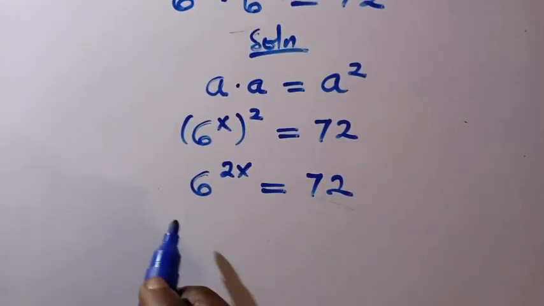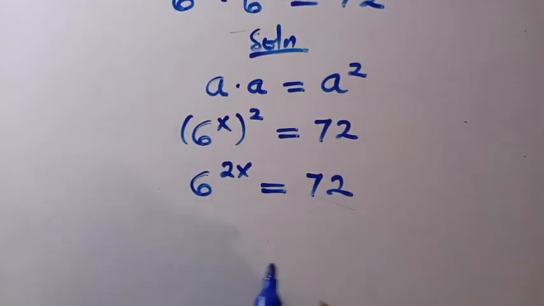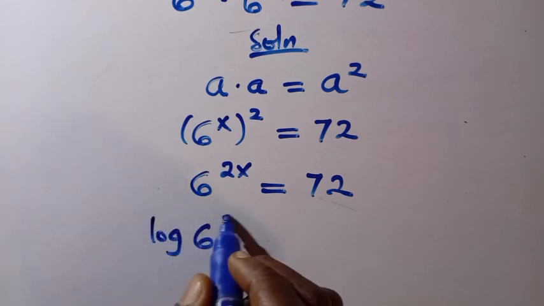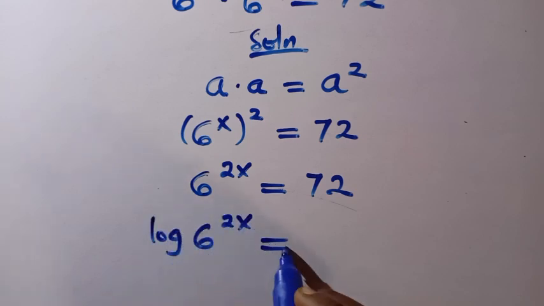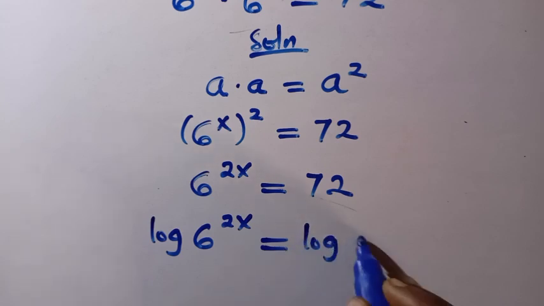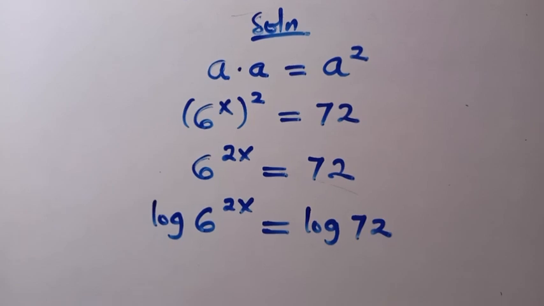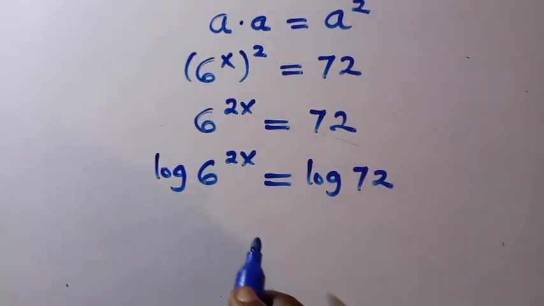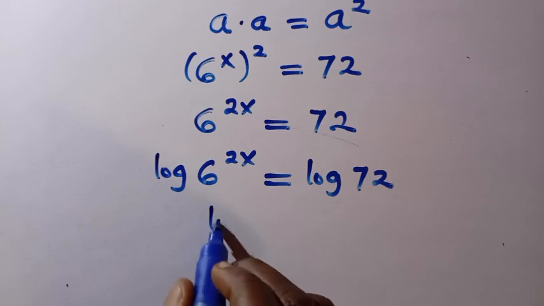And by introducing log on both sides, we have log 6 power 2x equals log 72. So we have this kind of logarithm here. Let's apply this rule.